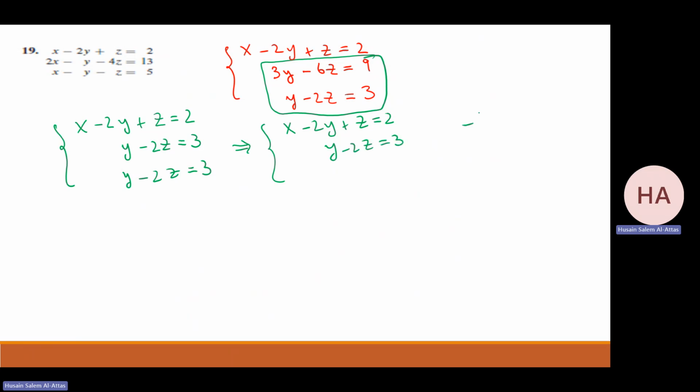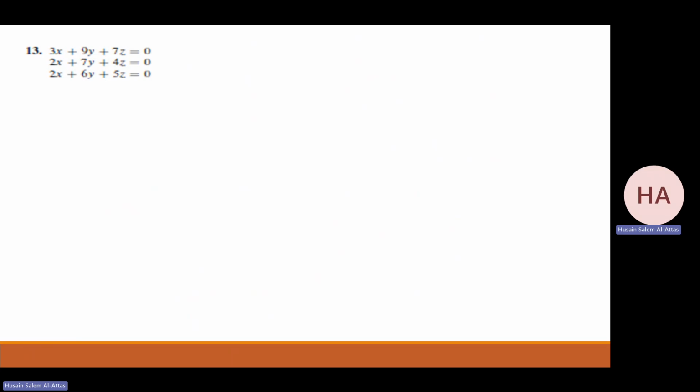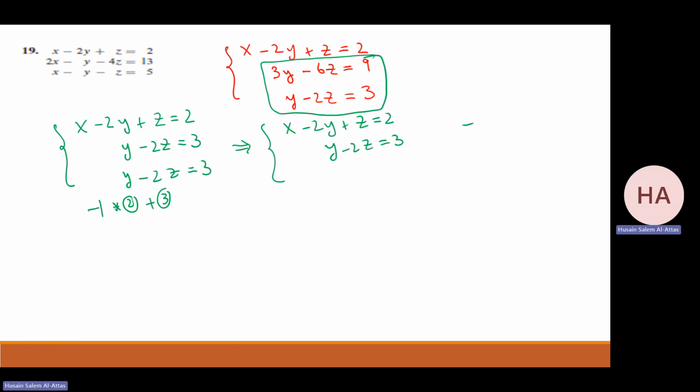So I have minus 1 here. I'm doing minus 1 times the second and add it to the third. Let us see what will happen. What will I get? I will get 0 plus 0 equals 0. So I get a correct statement.